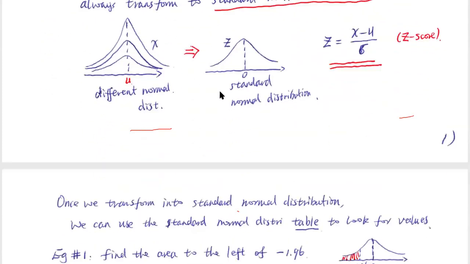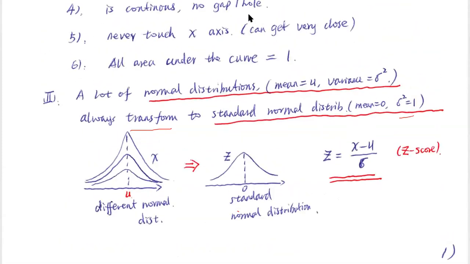I do have one question, actually. For the z-score formula, what is the thing in the denominator? The denominator is the variance, sigma. Yes, variance, sigma squared. Remember the normal distribution: sigma squared could be anything, 2, 5, any number, as long as it's positive.